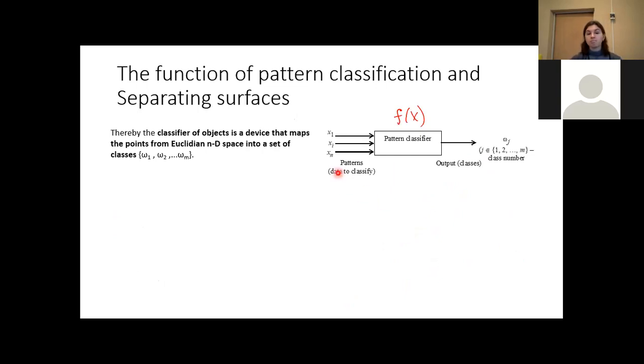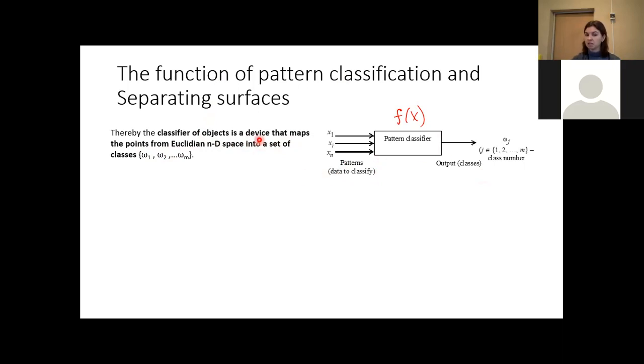Thereby, the classifier of objects is a device that maps the points from Euclidean n-dimensional feature space into a set of classes. Just please write it somewhere, it's important to be sure that you understand what classification and a classifier are.